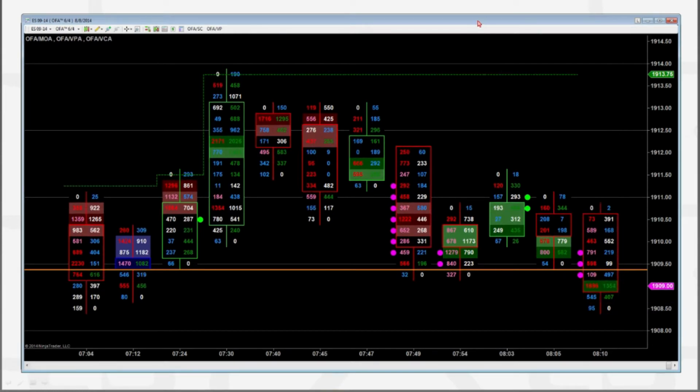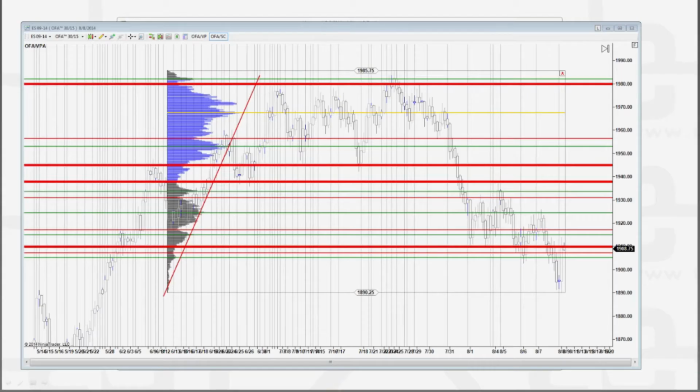It moved up with some strength when there was some announcement out of Russia that Putin was going to start easing tensions in the Ukraine area. Let me just bring up a profile for this overnight session.